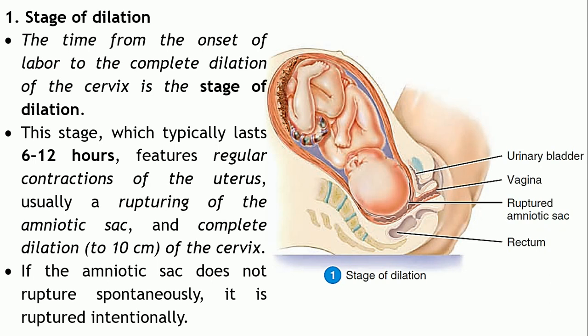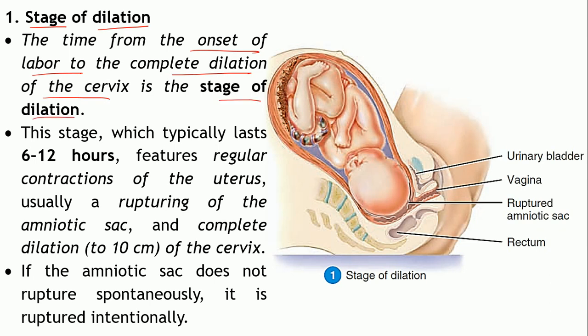Coming to the first one, that is the stage of dilation. This stage lasts from the onset of labor, the onset of contractions, to complete dilation of the cervix. So this is called the stage of dilation.